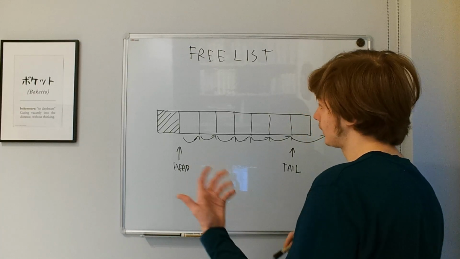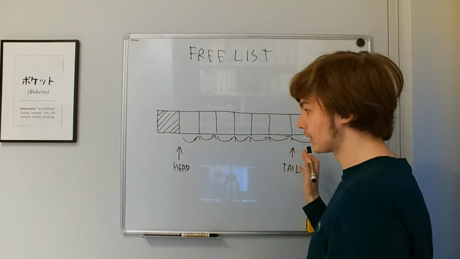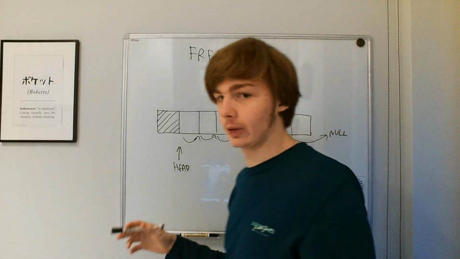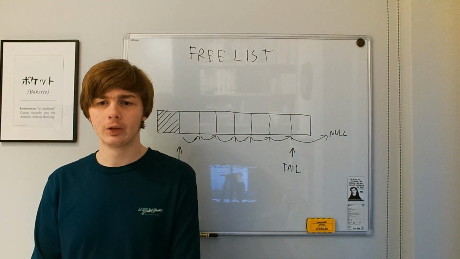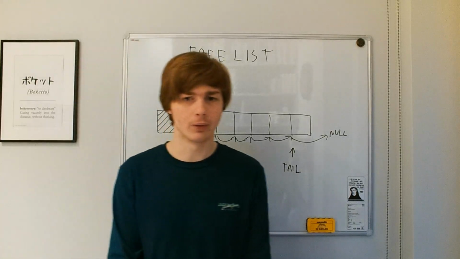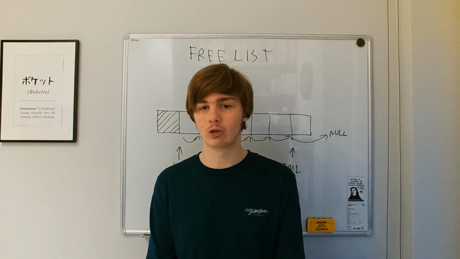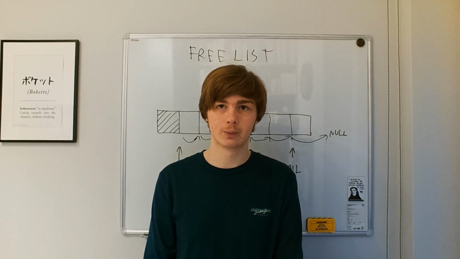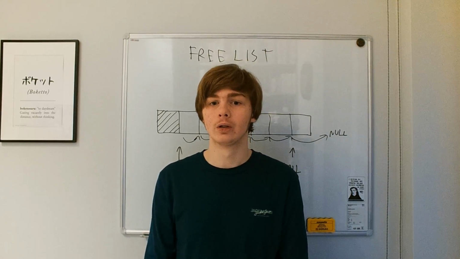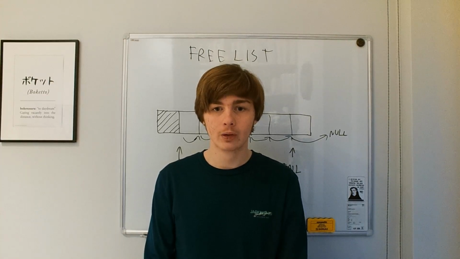Obviously, some sort of cost of the free list is that you have to initialize this linked list. But in any algorithm in an operating system, you don't care that much about the efficiency of initialization, because an operating system is a software that is supposed to boot up for a non-trivial amount of time anyway.